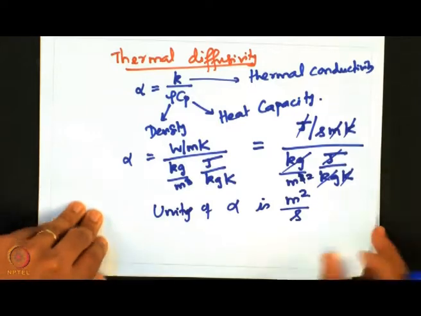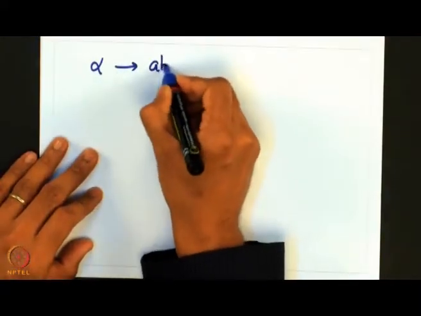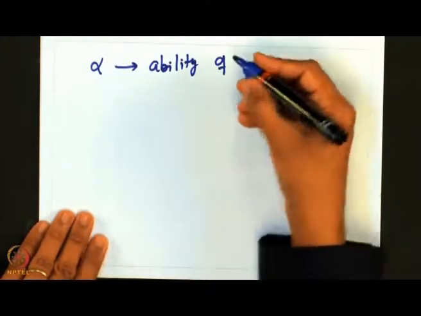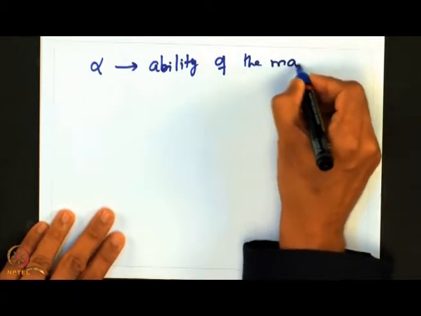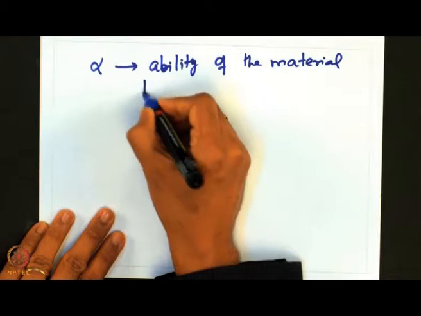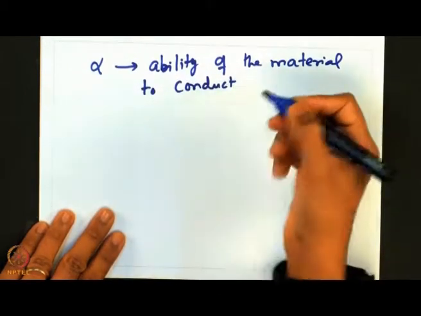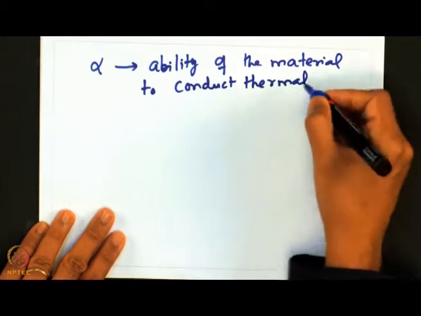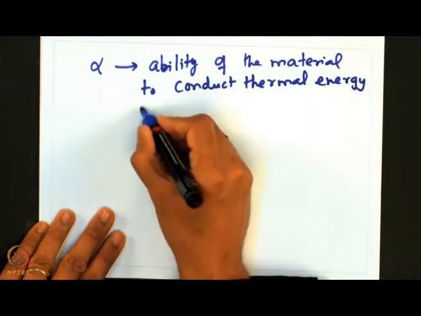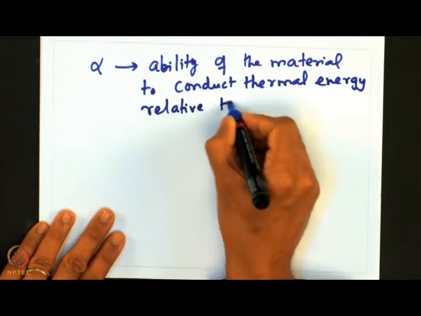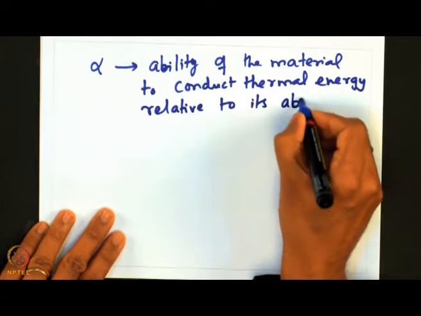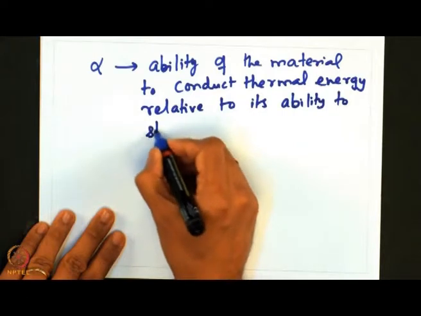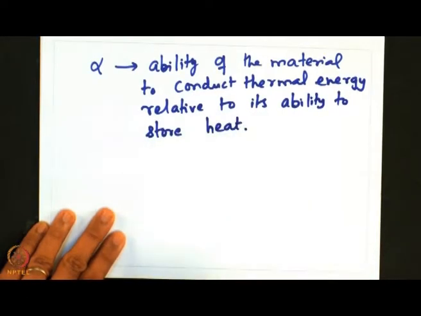So, what is thermal diffusivity? Thermal diffusivity, alpha, essentially captures the ability of the material to conduct thermal energy relative to its ability to store heat.